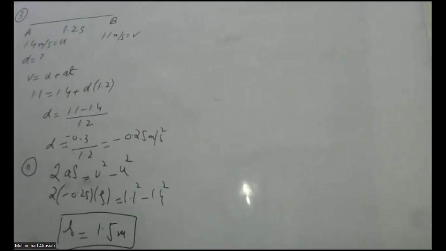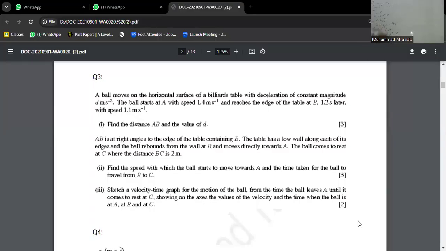Now, in the next part, AB is at a right angle to the edge of the table containing B. The table has a low wall along each of its edges, and the ball rebounds from the wall at B and moves directly towards A. The ball comes to rest at C, where the distance BC is 2 meters.